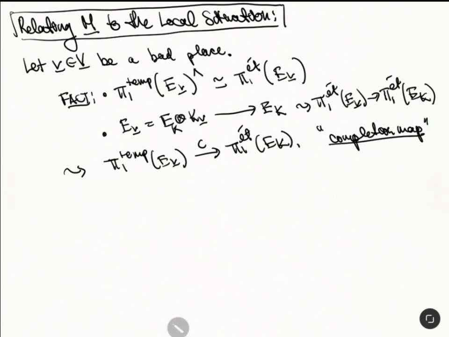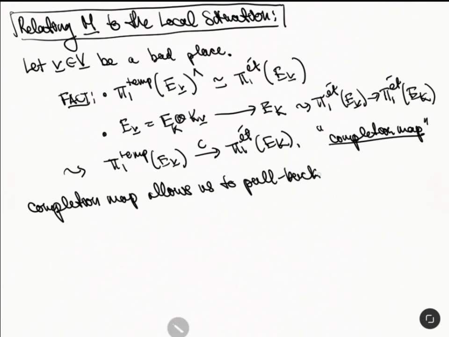Now this completion map allows us to pull back the quotient, this map F M underline, from pi 1 E K. So this is what we talked about in the description of M underline. Here, it allows us to pull this back.